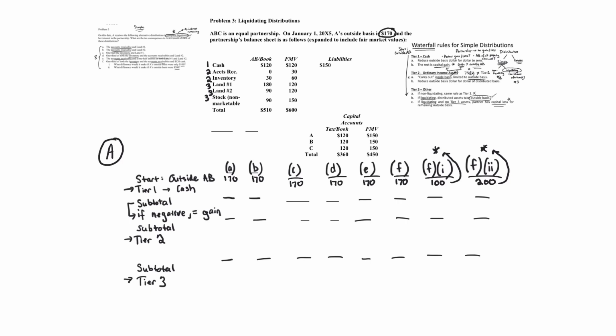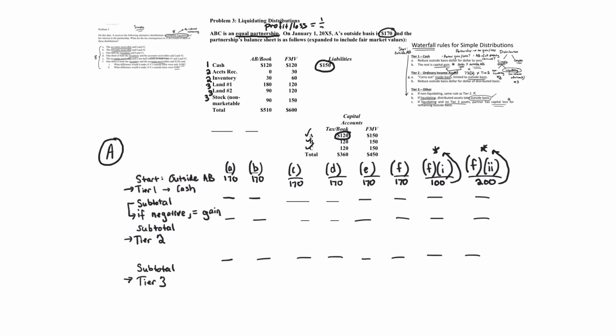Because we're told that A's tax book, which is the adjusted basis of the capital account, is 120. And then we're also told that there's liabilities of the partnership, right? And we don't know what kind of liability this is, but we're just told it's an equal partnership. So profits, losses, there's 3 partners, right? A, B, and C.